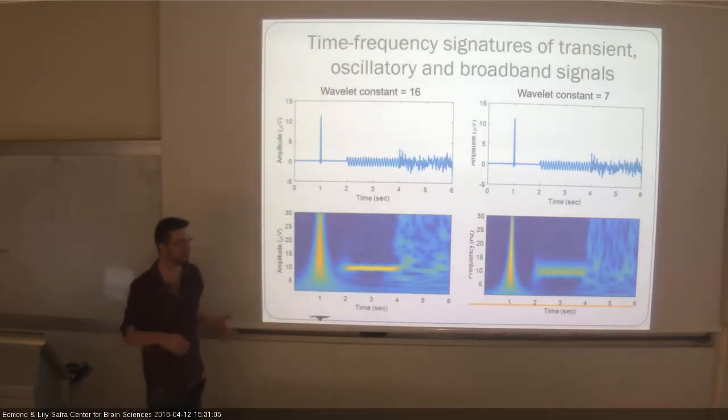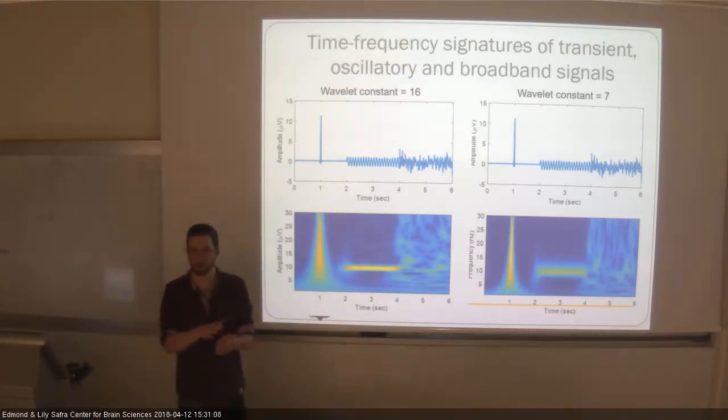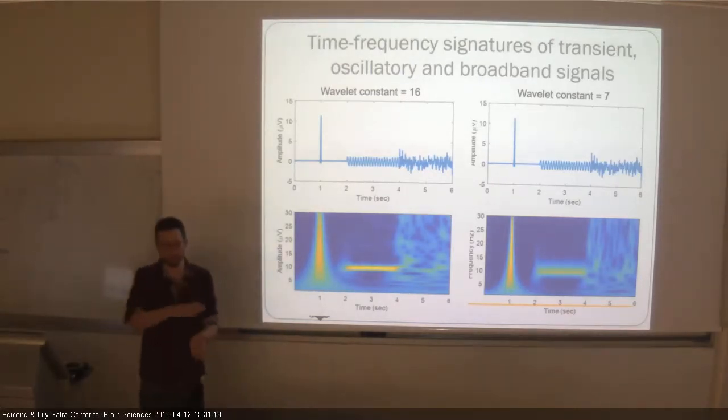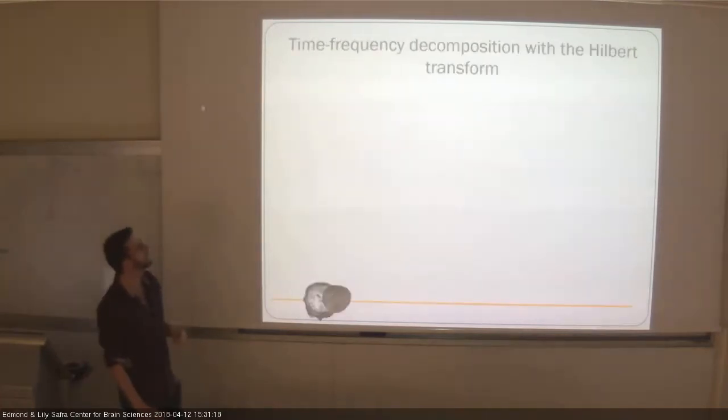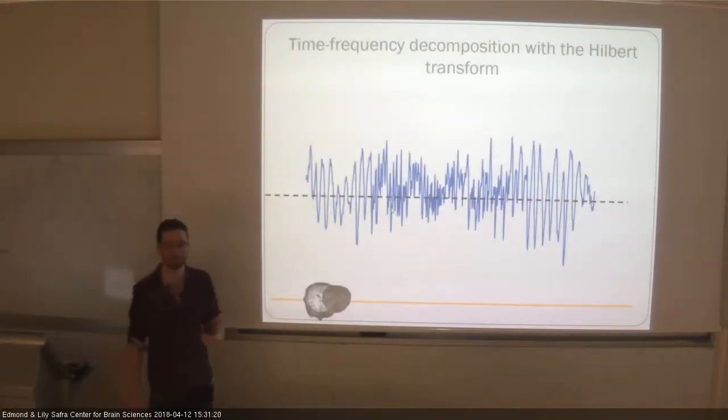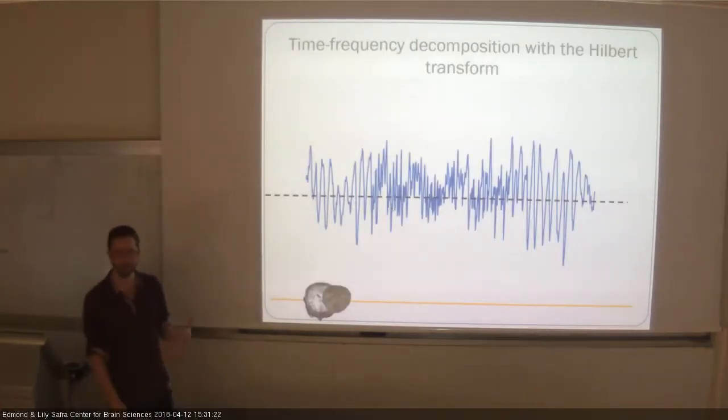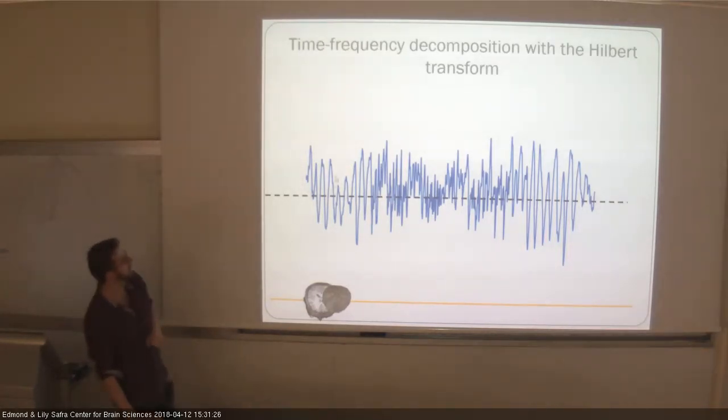In all of these methods, you're filtering your signal at different frequencies and then looking at the power of the filtered signal. But here the filtering is done implicitly in the convolution; in the Hilbert transform, you take charge of the filtering, and then you apply the transform. So, for example, I have this signal here, which has these low frequencies and then these high frequencies here, and I want to look at high frequency power.